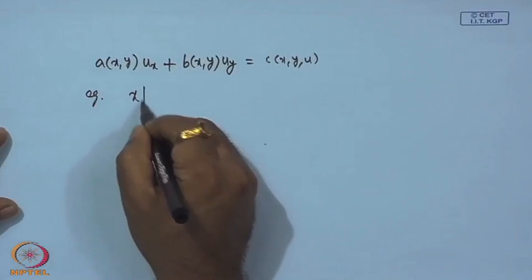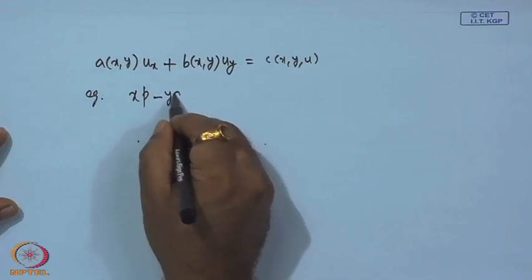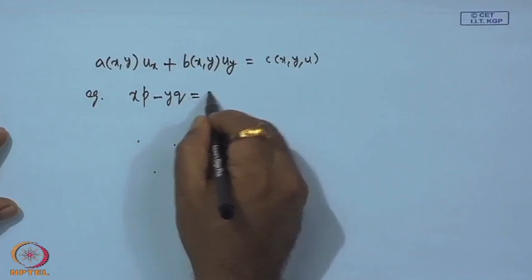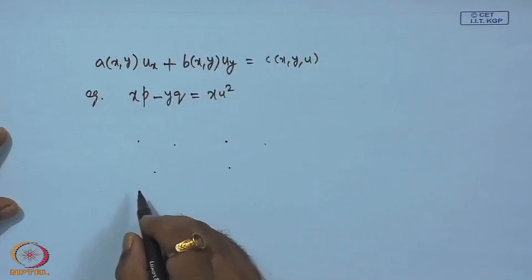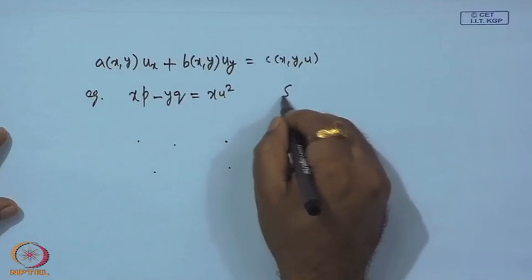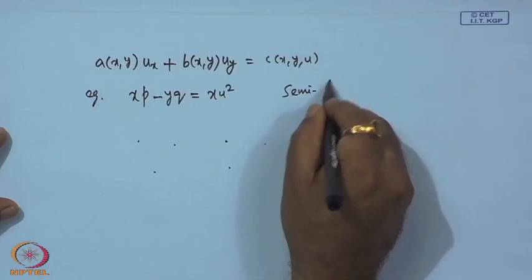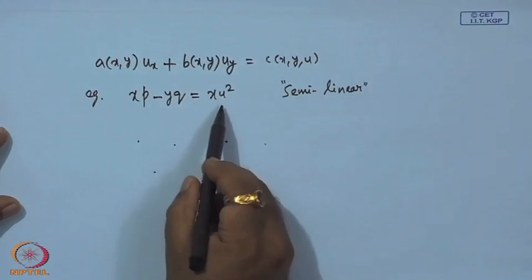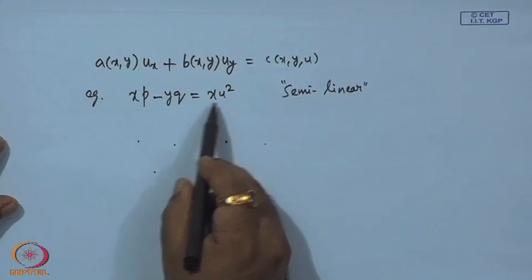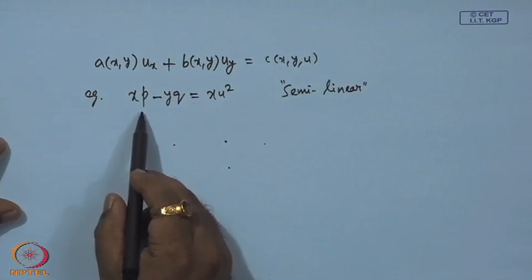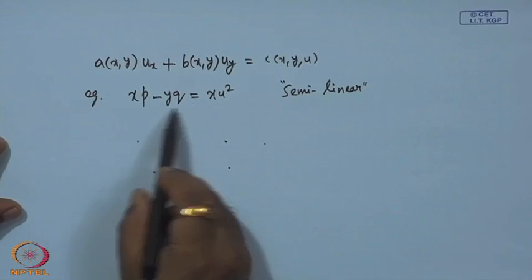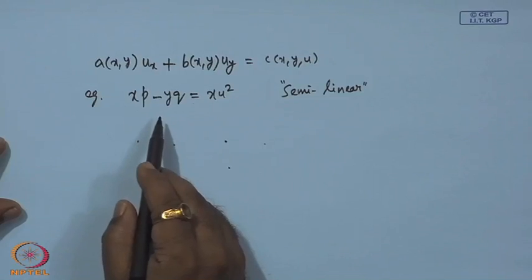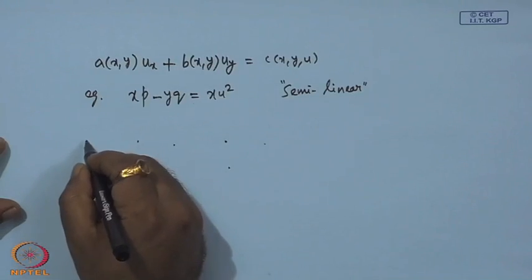Example, see, on the right hand side you can have a nonlinear term. So, linearity is with respect to only the first derivatives. So, this is semi-linear.